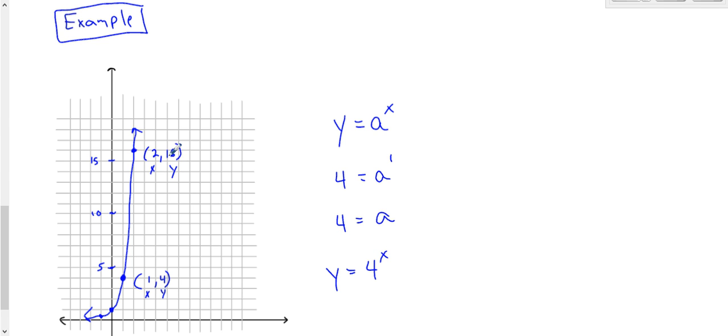I could have also taken the (2, 16). So if I put in y equals 16, 16 equals a squared, and I'm trying to solve this for a. To get a by itself, I have to take the square root, and I would get a equals 4. Yep, the square root of 16 is 4, not 2.